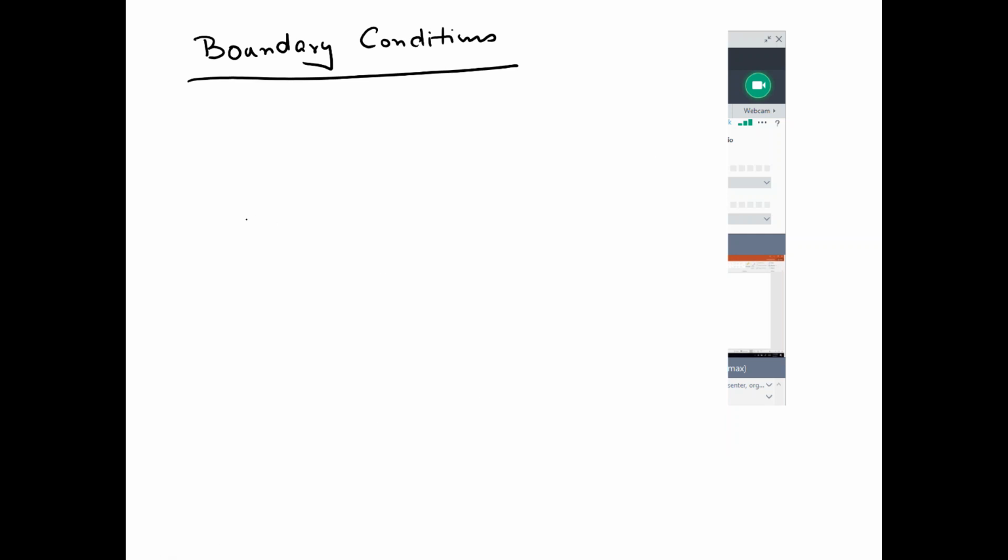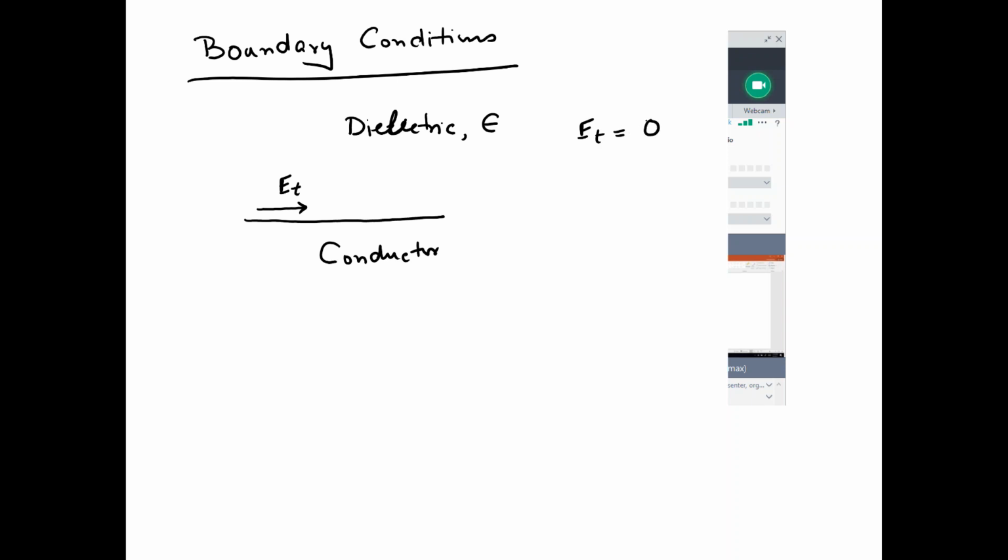The first boundary condition we had learned was if I have a conductor and a dielectric, let's say the dielectric has epsilon, then if I look at the tangential component of the electric field, it has to be always zero.